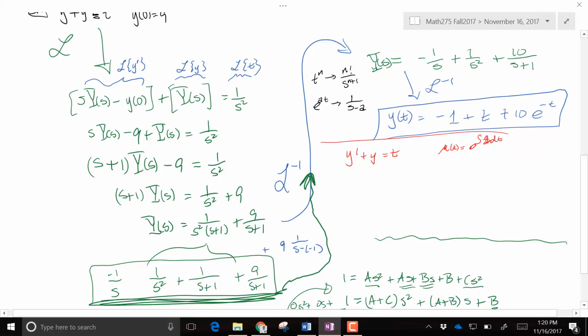Was it negative or positive? It should be negative. So the 1 here is the p of t that we want to throw into this integral, right?